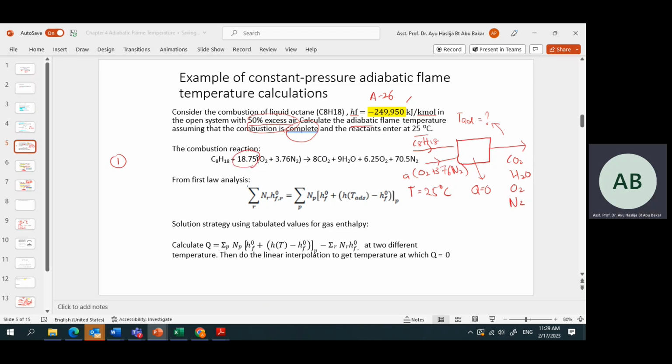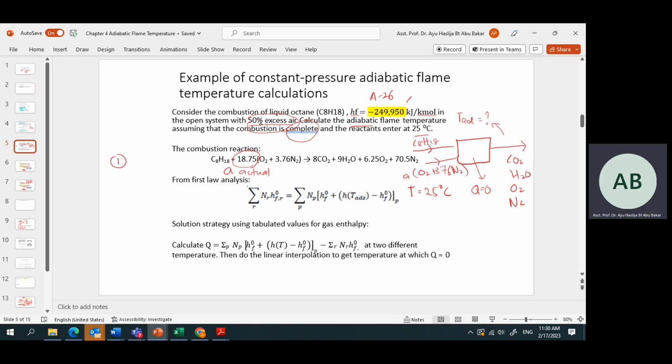This is the actual A. How to get this A actual? Formula: 1.5, the excess air.